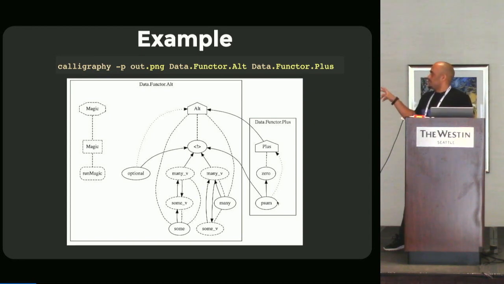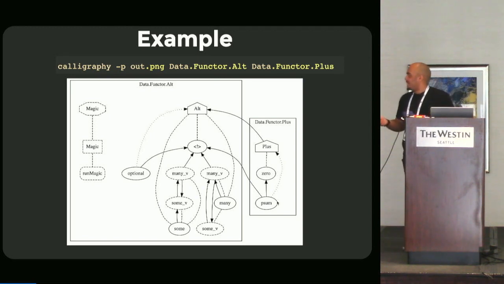And the reason I chose that specifically with these two modules is because those encompass all the possible nodes that calligraphy uses and also all the possible edges. So it serves as a good motivating example, an exhaustive example, as you could say.